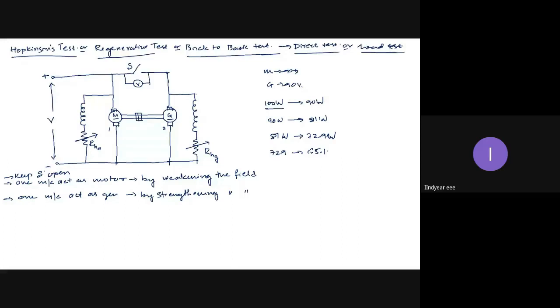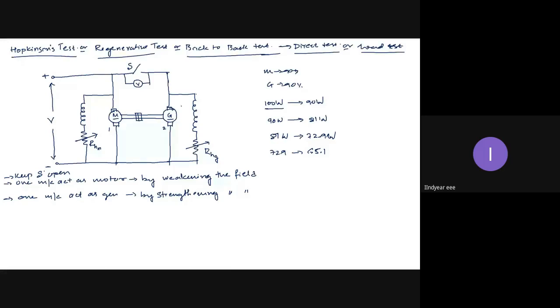So the biggest advantage of Hopkinson's test is that, though it is a direct or load test, the entire power of the two machines is not received by the supply terminals. Only the power to satisfy the losses in both machines is received by the supply terminals. The power required to develop the outputs in each machine is given by the other machine.